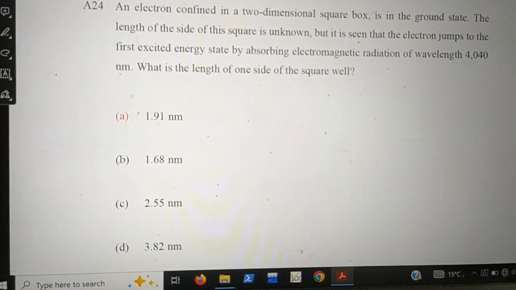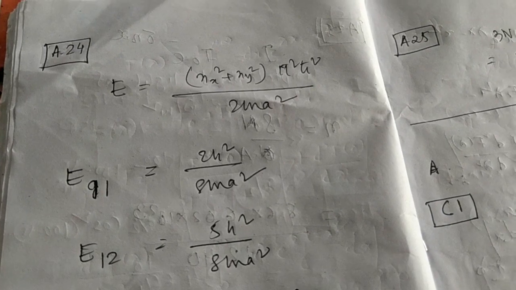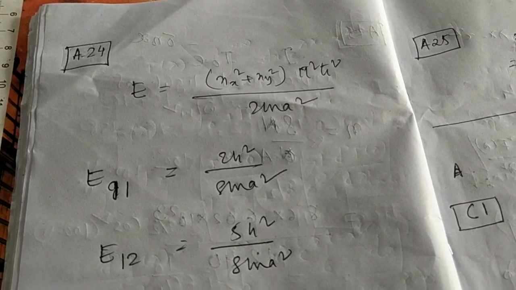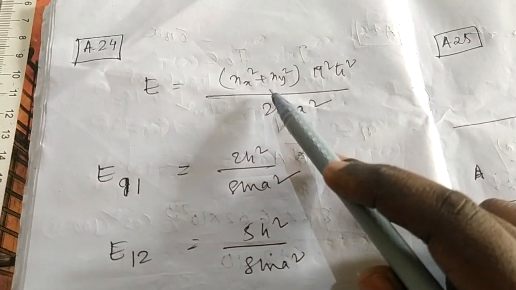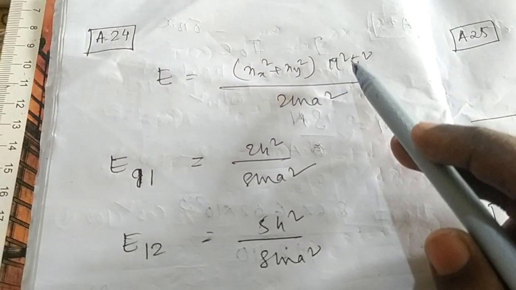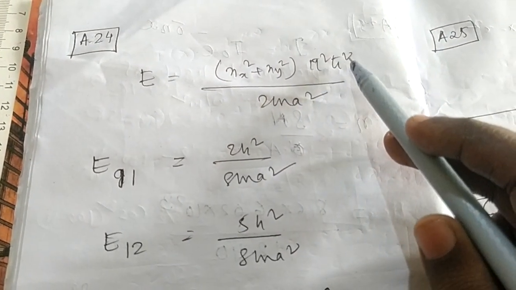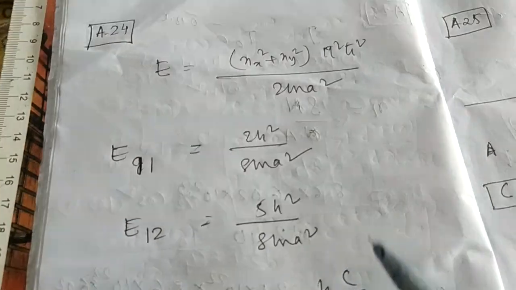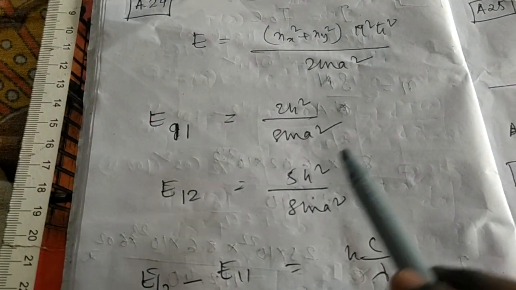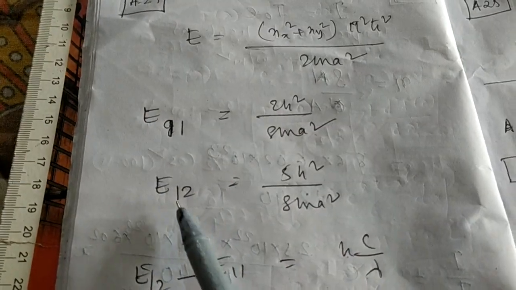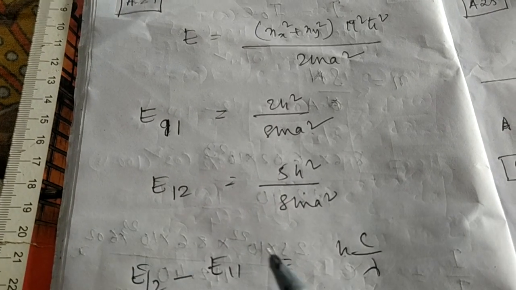Okay, so the energy for a two-dimensional square box is this: (nx square plus ny square) pi square h cut square by 2 m a square. For the ground state, it is 1,1, that is this, and the first excited state 1,2 is this.